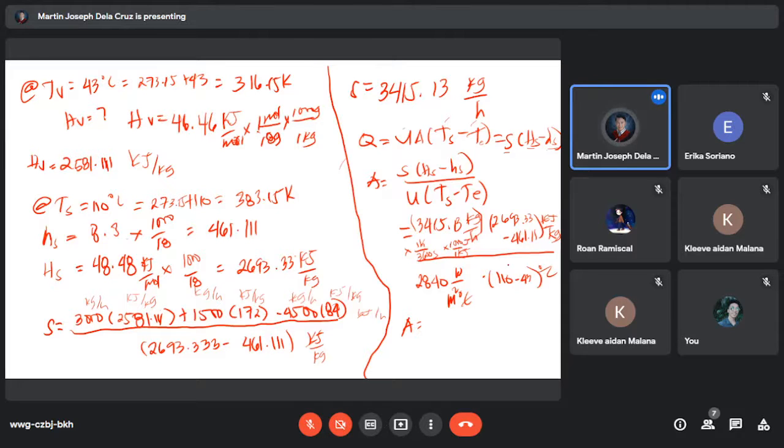So what is our area? Or, class, if you want, substitute the values here and then shift solve for the area. That's how I did it, any of that works, since the calculator is high-tech anyway. So, what area did you get, class?